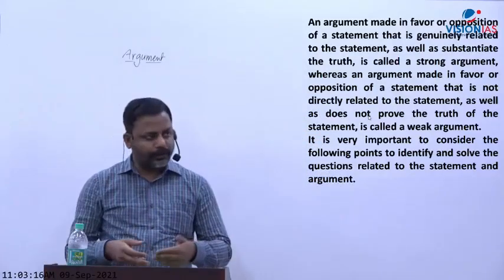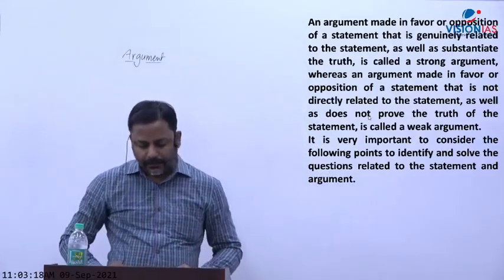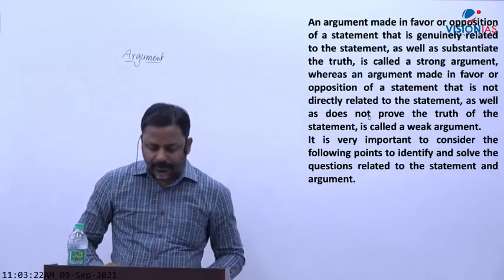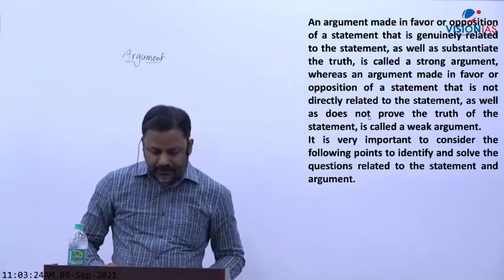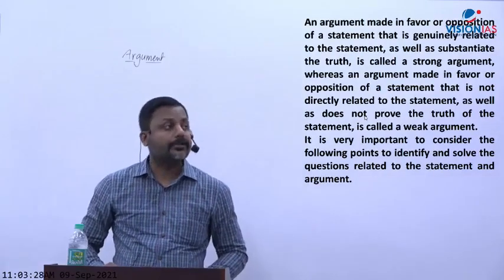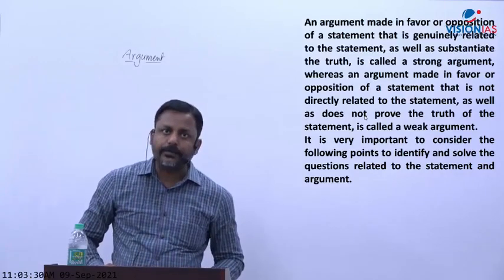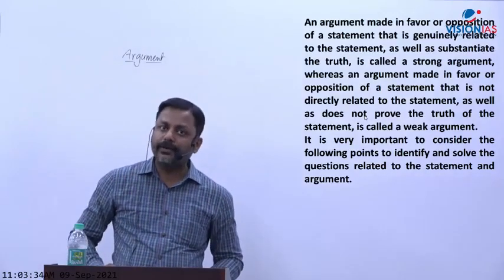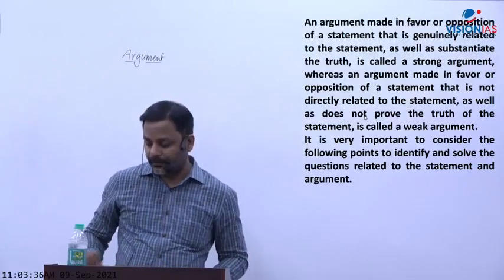Just go through the lines first. An argument made in favor or opposition of a statement that is genuinely related to the statement as well as substantiates the truth is called a strong argument. These are the qualities of a strong argument. The first quality is it should be related with the statement.